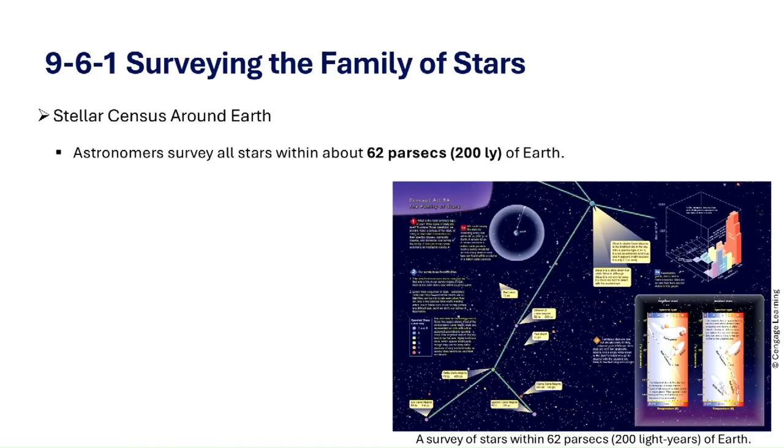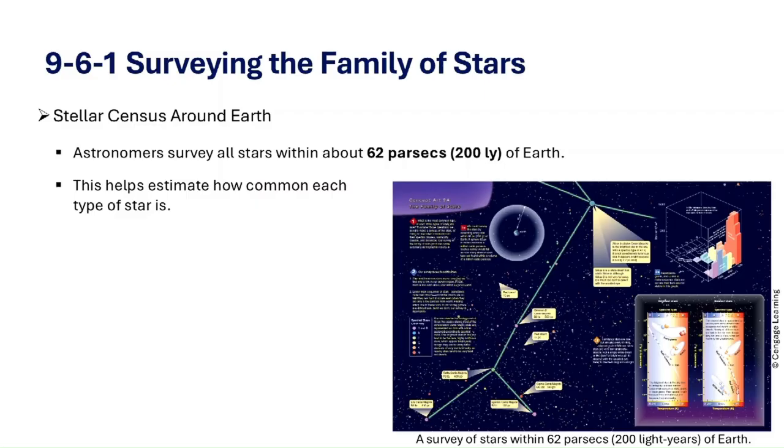So, when scientists perform a local stellar census, they usually focus on all the stars within about 62 parsecs, or roughly 200 light years from Earth. And that might sound like a small distance on a galactic scale, but this region contains tens of thousands of stars, enough to give a reliable sample of what kinds of stars exist in our galaxy.